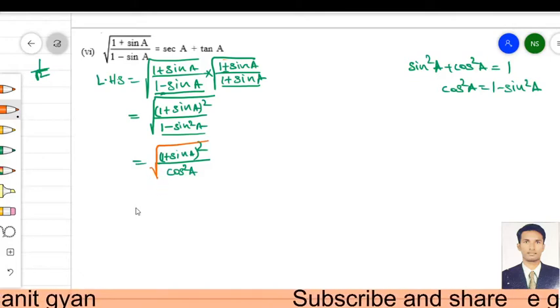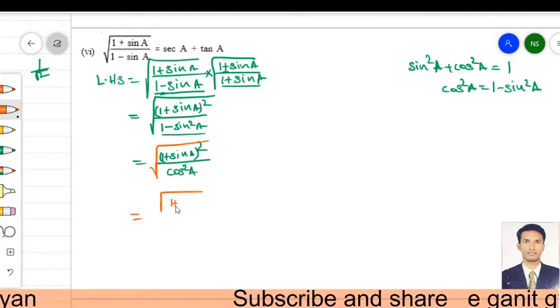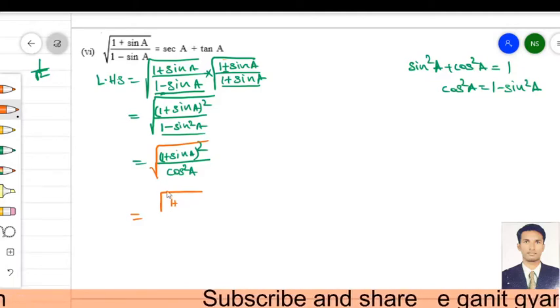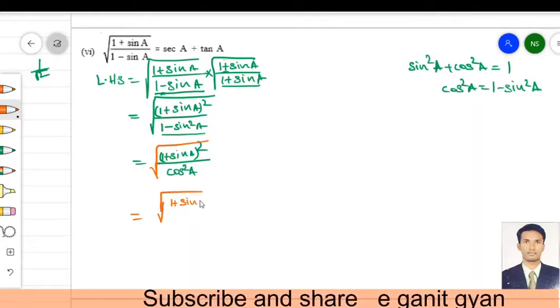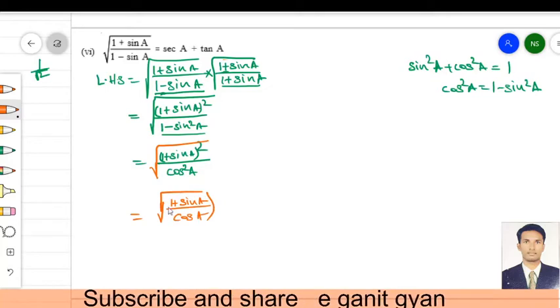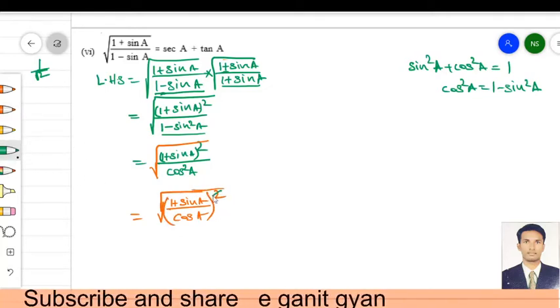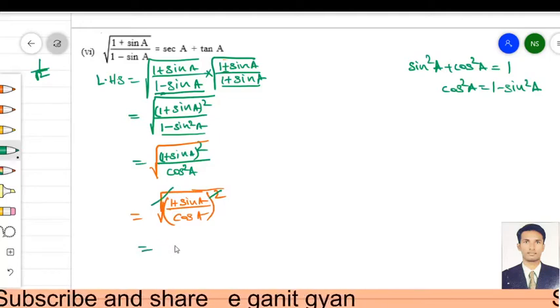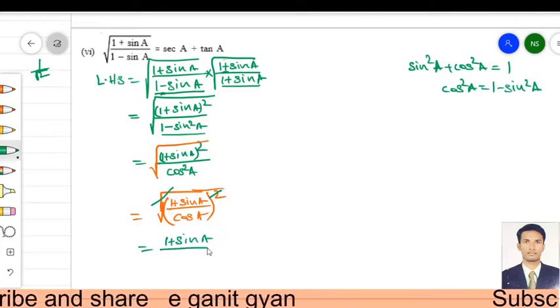If I split the square root for both numerator and denominator, we can write it like this: (1 plus sin a) divided by cos a, whole square. We can cancel these two, and I will get here (1 plus sin a) by cos a.